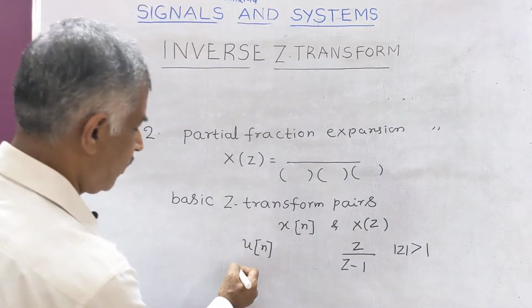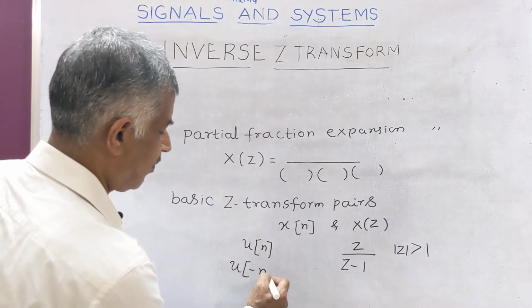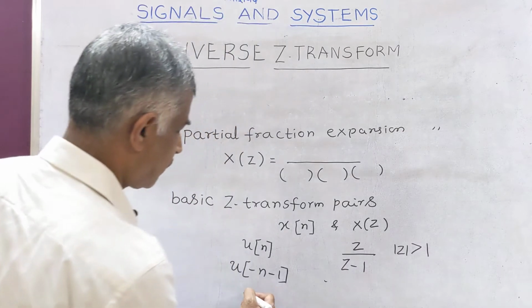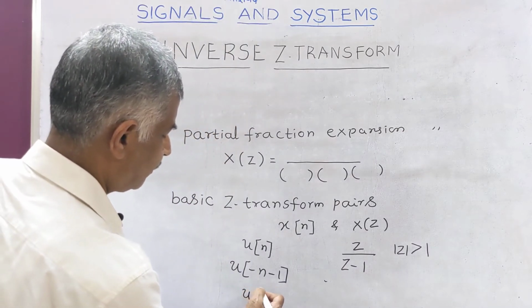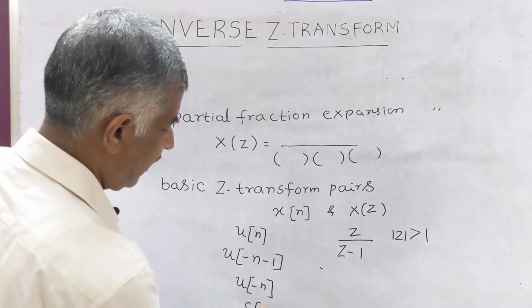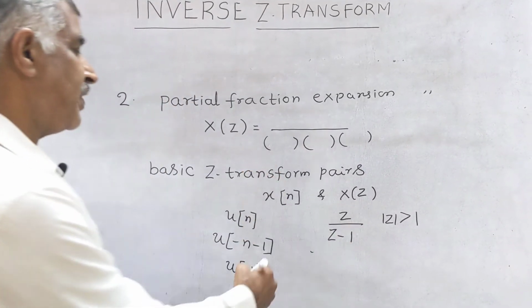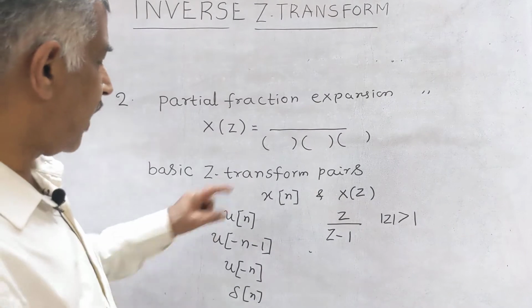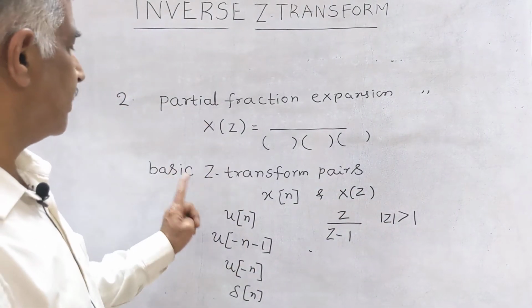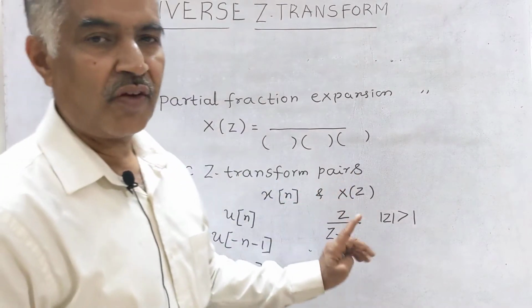Similarly, u of minus n minus 1 and its z transform. Next, delta of n. These are called basic time functions and their z transforms, and this method uses the basic z transform pairs.